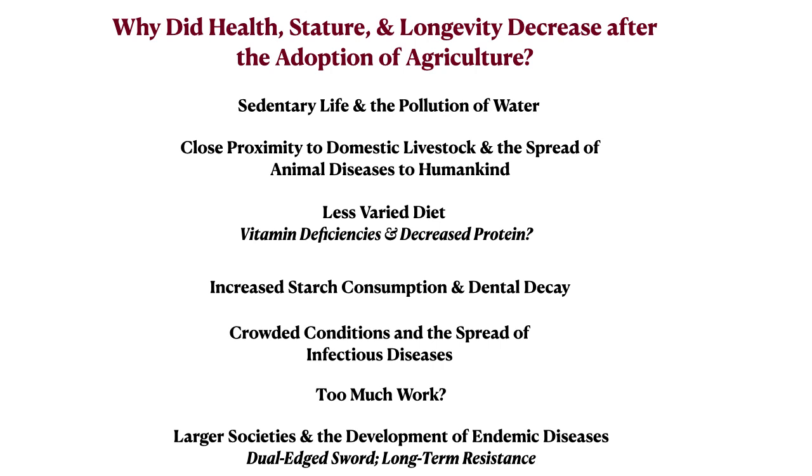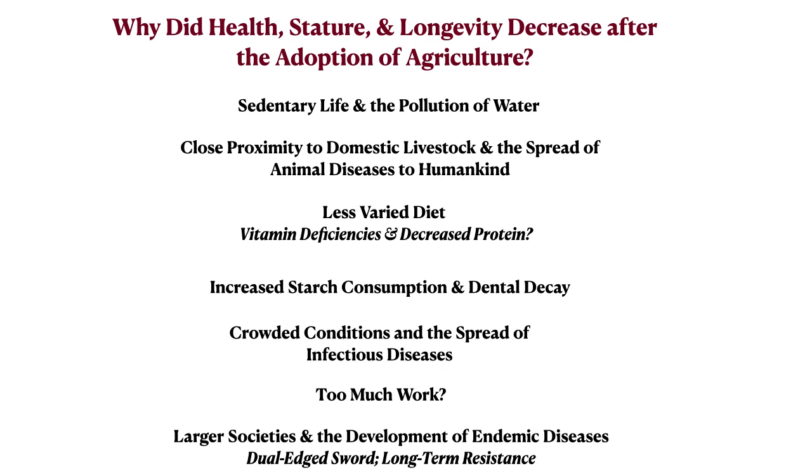A less varied diet. One thing about hunter-gatherers is they certainly had periods of want and famine. That's pretty clear, but they also had a much wider array of things that they were eating. Generally, they were getting pretty good levels of protein through hunting. They were getting a lot of different kinds of vitamins and so on.